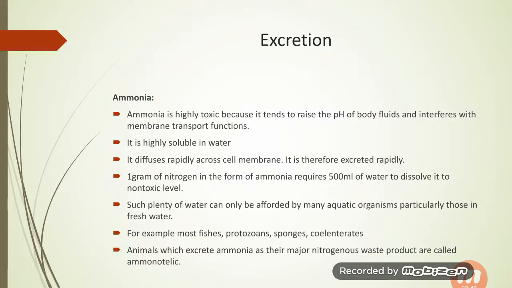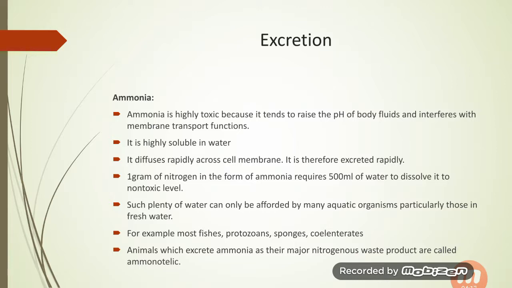For example, 500 ml of water is required to eliminate 1 gram of nitrogen in the form of ammonia. So it diffuses rapidly across the cell membrane because it becomes highly dissolved in the water. Therefore, it is excreted out rapidly.